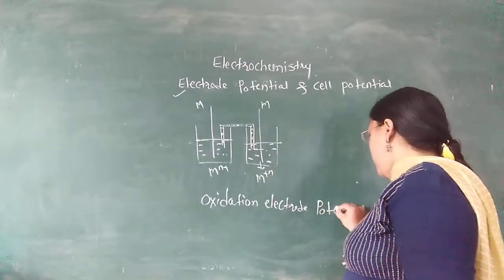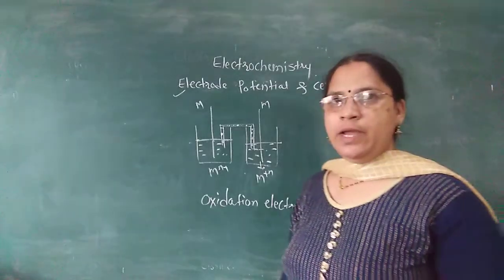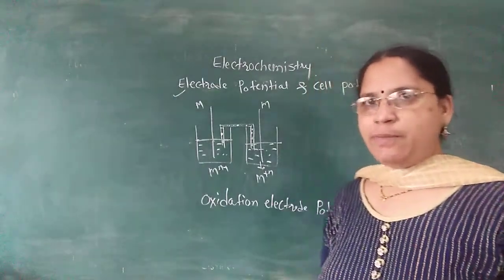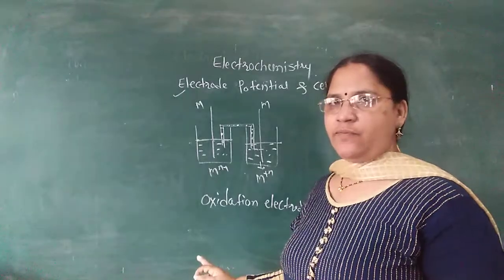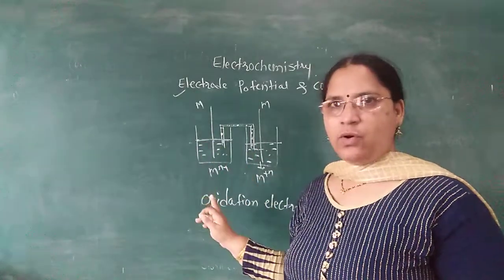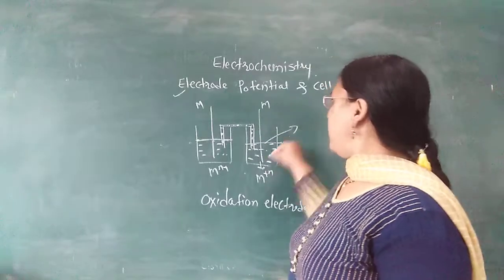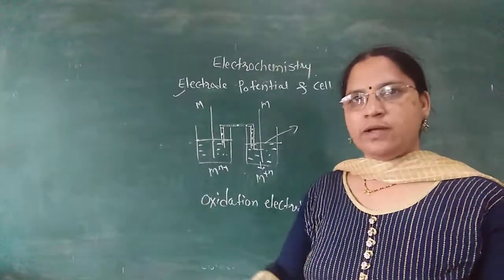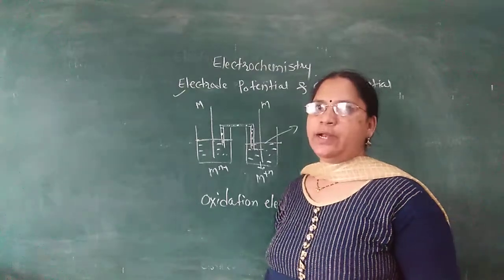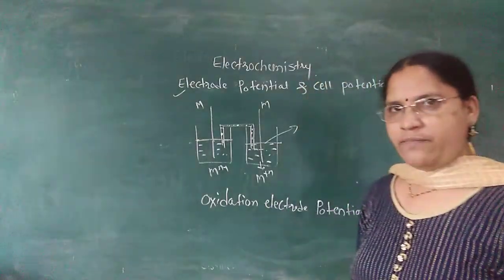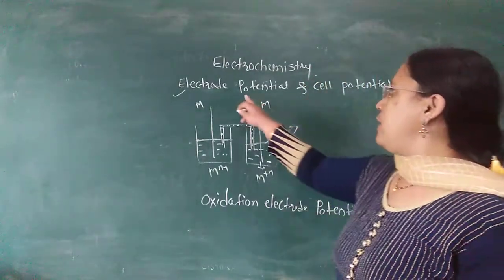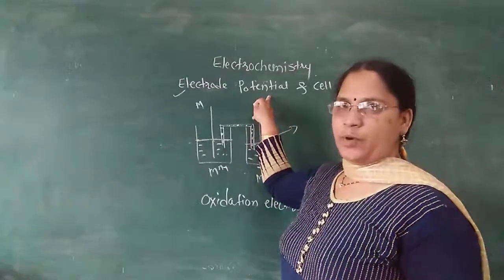May I repeat, what is oxidation electrode potential? It is the potential difference established due to the oxidation half reaction at the surface of the electrode. The potential difference established due to the reduction half reaction at the surface of the electrode is called the reduction electrode potential.